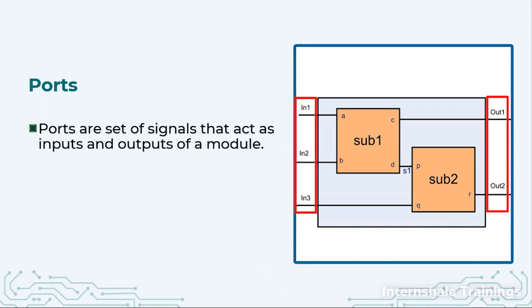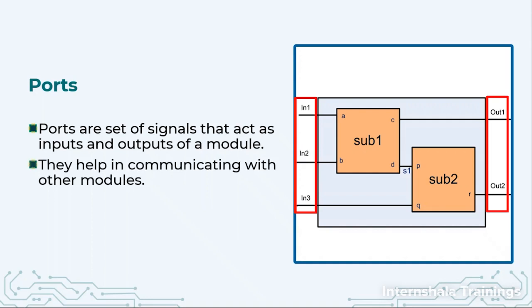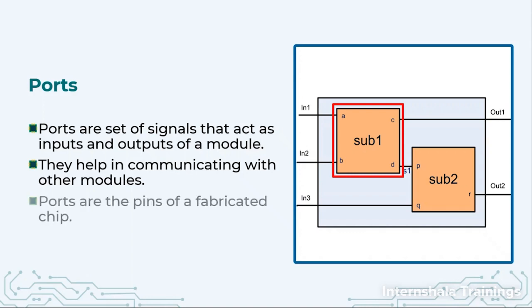So ports are these signals which will act as input and output for a given module. They will help in communication with other modules. If you look at sub 1, there are 4 ports A, B, C, D, and they are connected to ports of another module. So sub 1 can communicate with other modules through these ports.